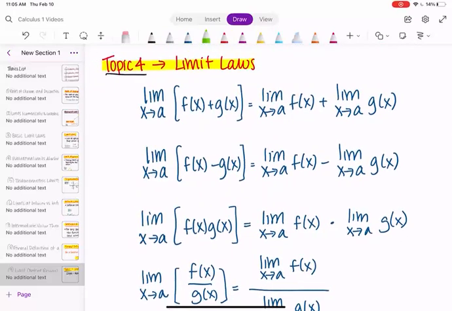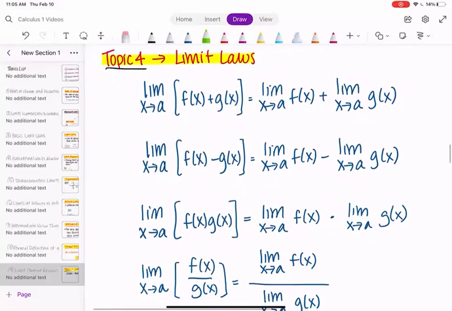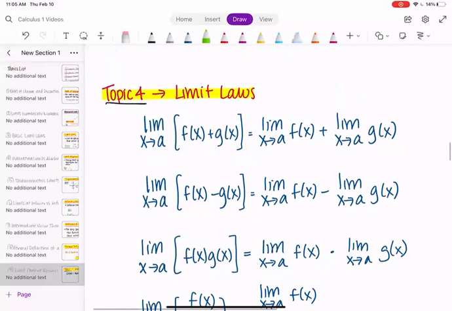I wrote them a little differently here than I did in my video, in video 3. So basically what I'm telling you is all of the functions are the same, all of the laws are the same, but instead of relating it to m and n, at the beginning of that video, I wrote something like this. I said limit as x approaches a, f of x equals m, and limit as x approaches a, g of x equals n.